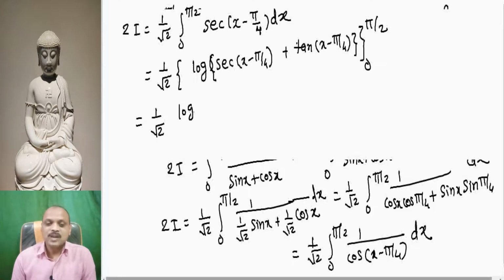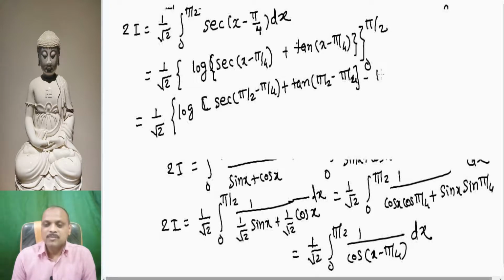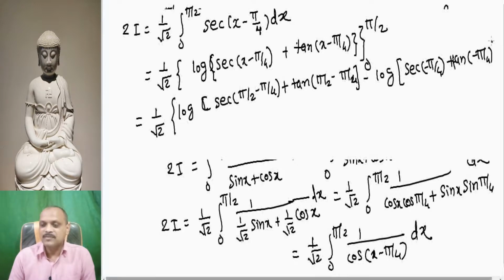Let us put the upper limit and lower limit. We have taken here integration of sec, which is a standard formula. Now log of upper limit, we have log of sec pi by 2 minus pi by 4 plus tan pi by 2 minus pi by 4 minus log of lower limit sec of minus pi by 4, x is 0, plus tan of minus pi by 4.